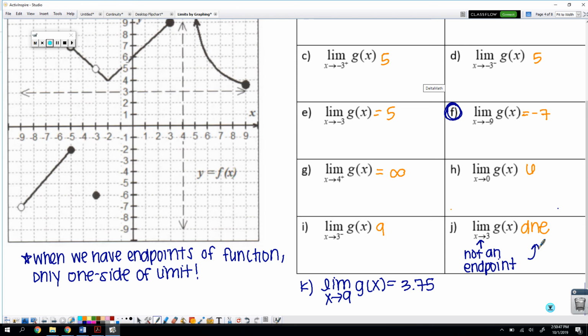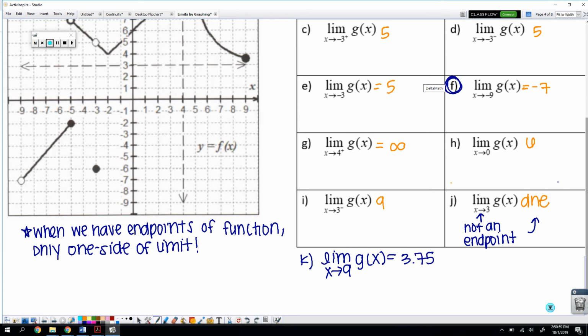Okay? Now, one other thing I wanted to talk about. We talked about -3 and the limit as g of x approaches -3. But do you know how to find g of -3? I asked you the limit, and we said the limit was 5. But g of -3 is not 5. Look for your closed dot on -3.